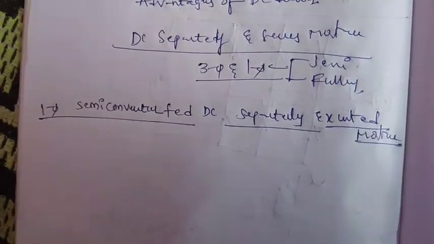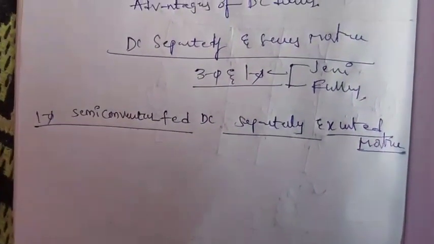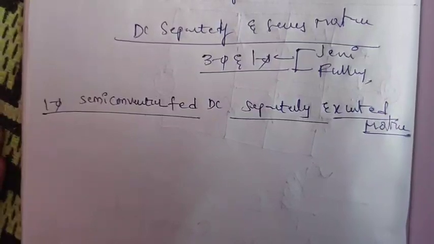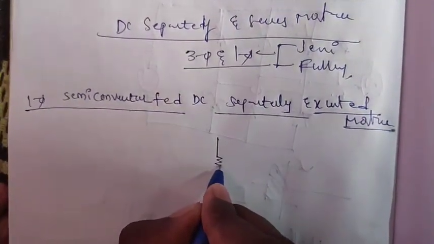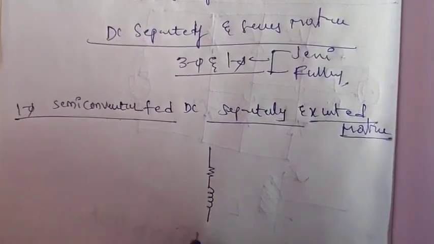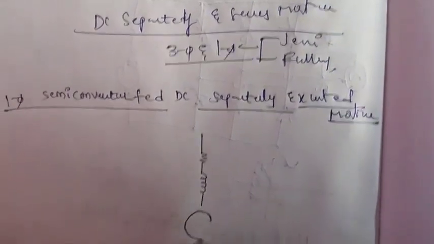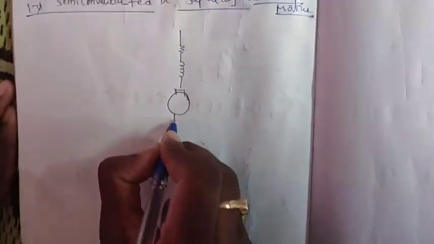That means a semi converter is given to the DC motor. Here I can consider a separately excited motor, that is, the motor consists of a resistance and a small inductance in series with the armature. So this is about the motor.